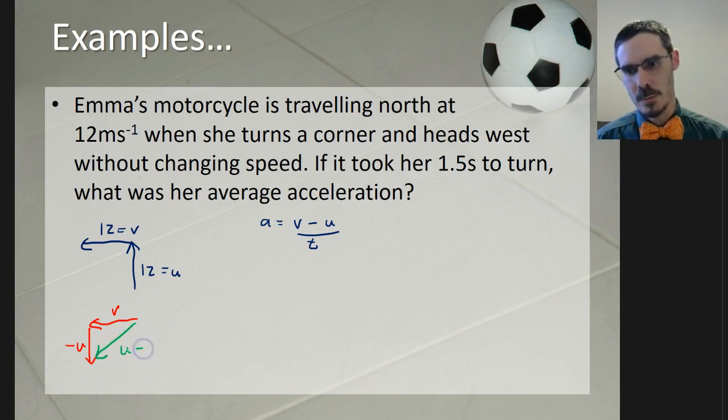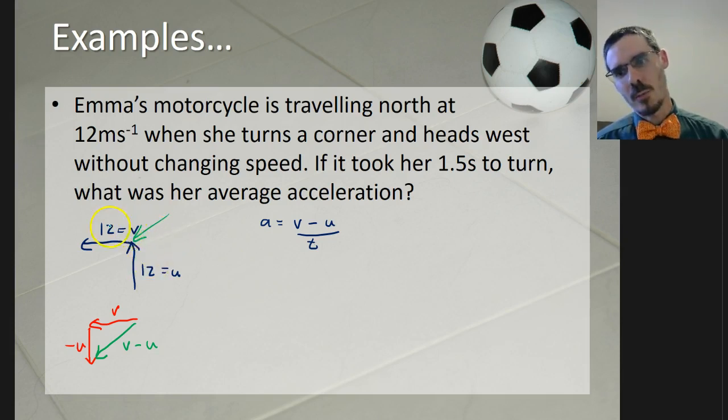That is v minus u. I'm looking for this vector. Look at that. I was going north, now going west. To make that happen, I had to apply a force in that direction to stop it going upwards and push it to the west. So the force and therefore the acceleration will be in a southwest direction.